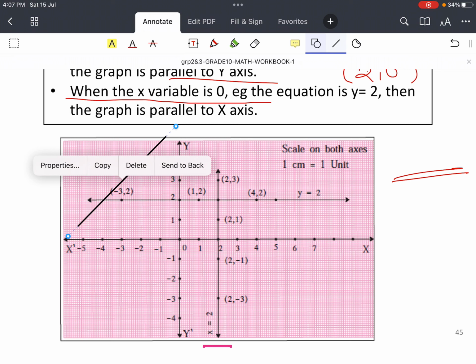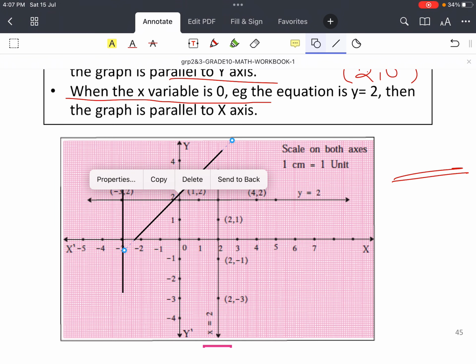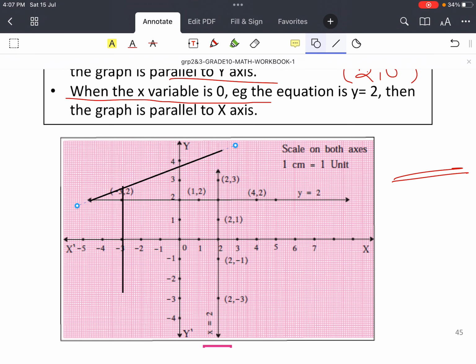So first of all, from 3, place one line over here like this. Next, what is the next point? Minus 2. So place one line over there like this and keep it over there.